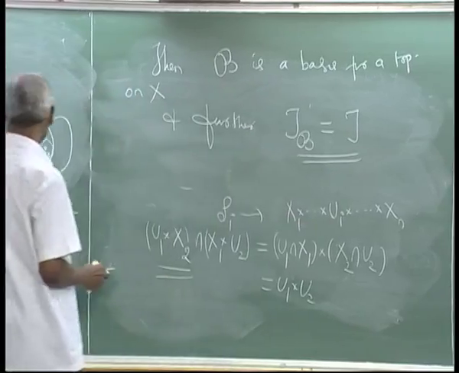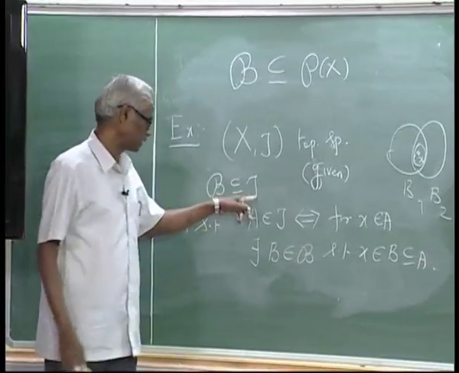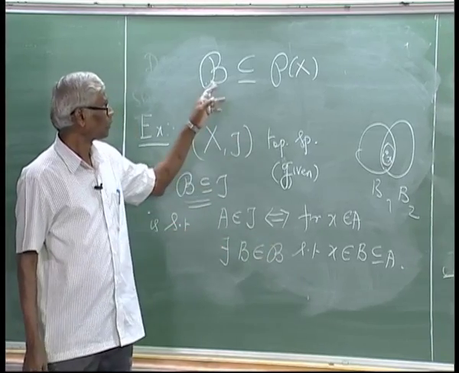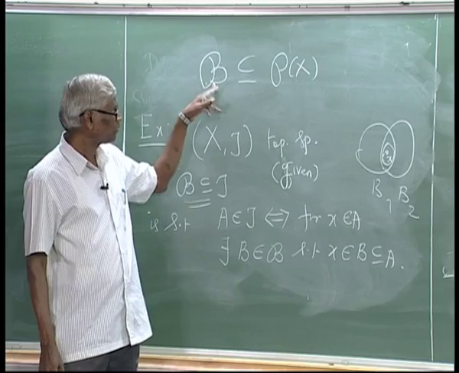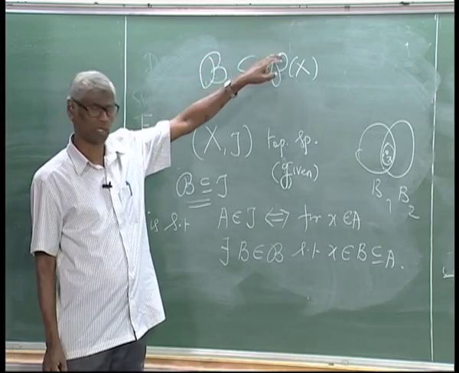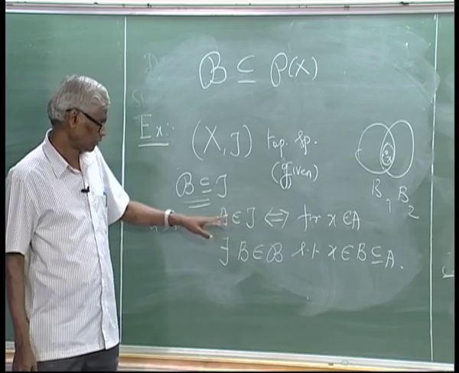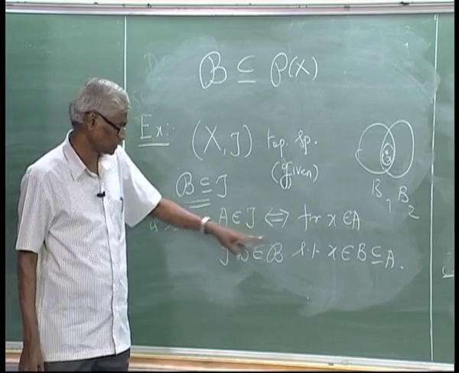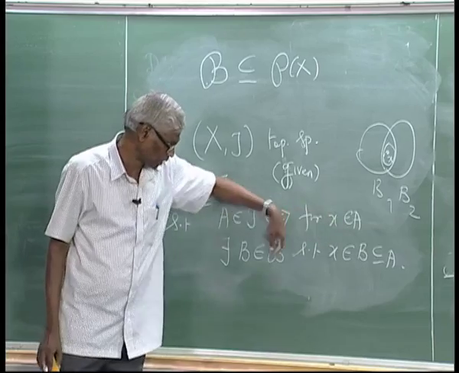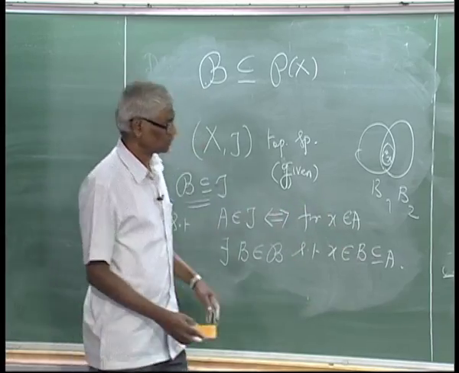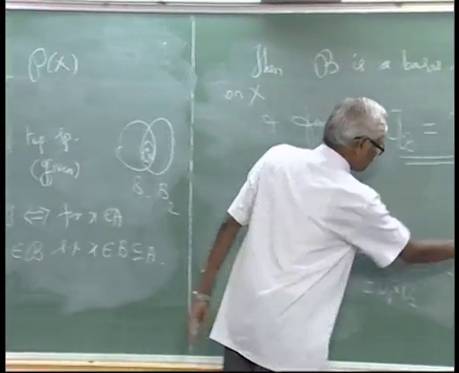So, already we know that script beta is a subcollection of tau. So, this is how we define, if script beta is a basis for some topology, then this is how we define an open set: the set of all A subset of X such that X in A implies there is B such that X in B contained in A. So, this will coincide.